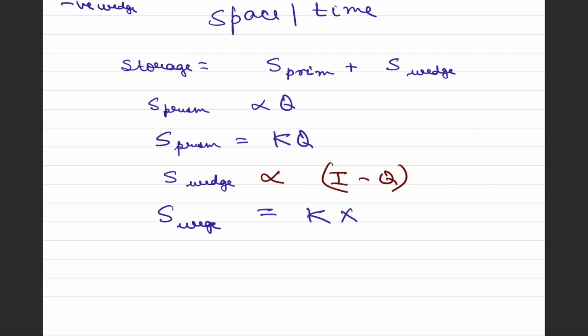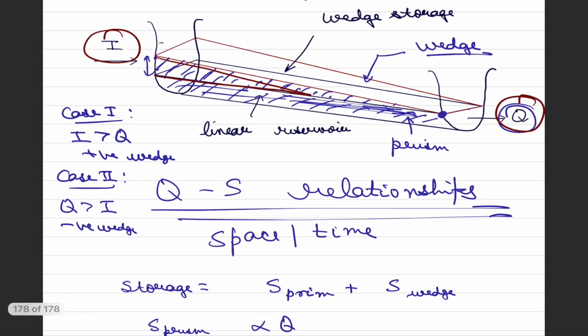The other is X. So X tells us how well this wedge is formulated, and its value typically varies from 0 to 0.5. When X has a value of 0, that would mean there is no wedge formation and only the prism results in the total storage in the given section under consideration.